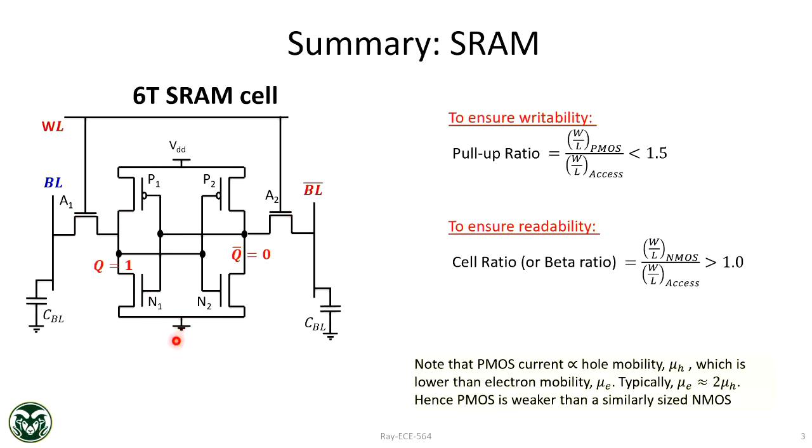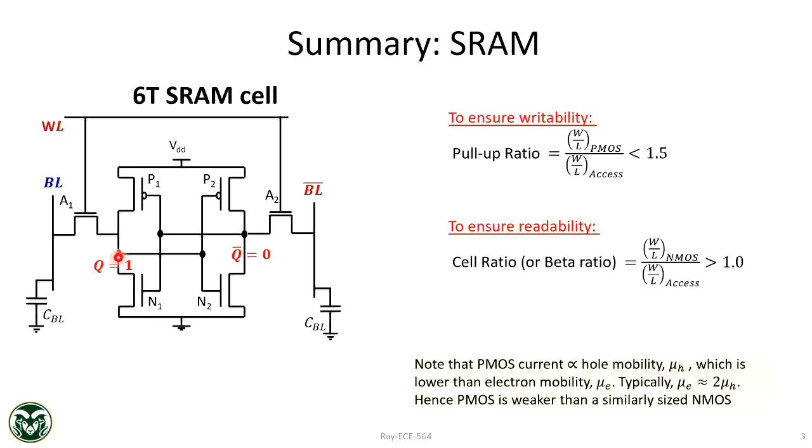This back-to-back inverter is also called a latch. It stores the data. As long as power is there, that value is not going to change because there is a positive feedback going on. Or in other words, you can think of Q and Q bar as 2 capacitors, which will be in the femtofarad range.